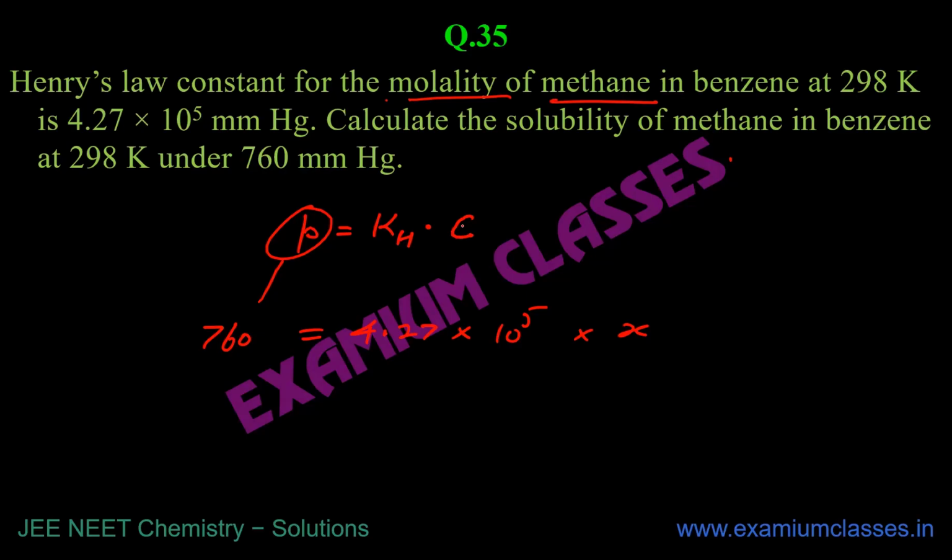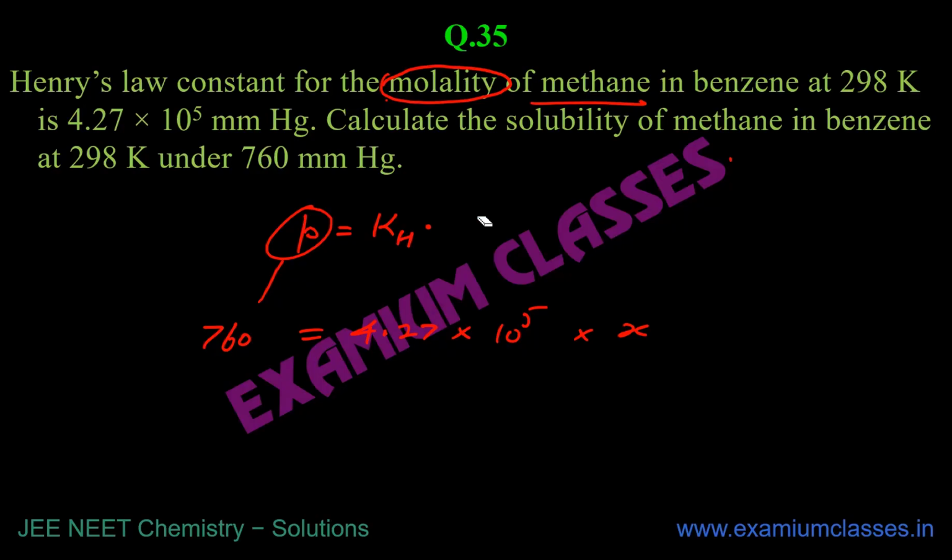If nothing is given, it is actually impossible in that case to calculate the molality unless something is given for that. So there is a hint here. This question says Henry's law constant for molality of methane, not the mole fraction or concentration. Specifically, it says for molality of methane. So whatever you consider as this mole fraction is actually molality.